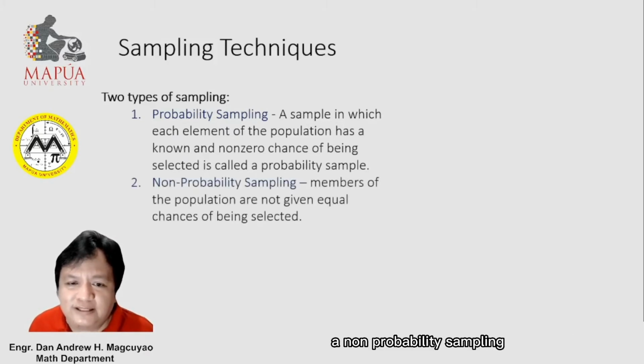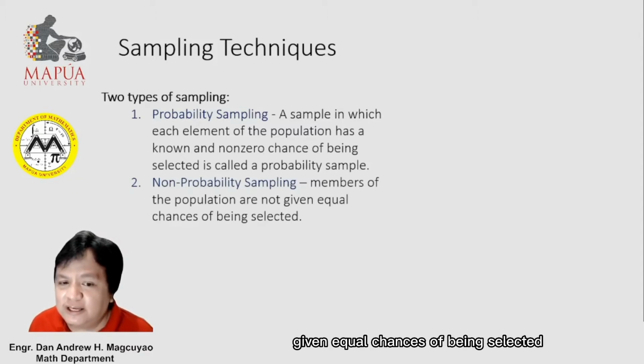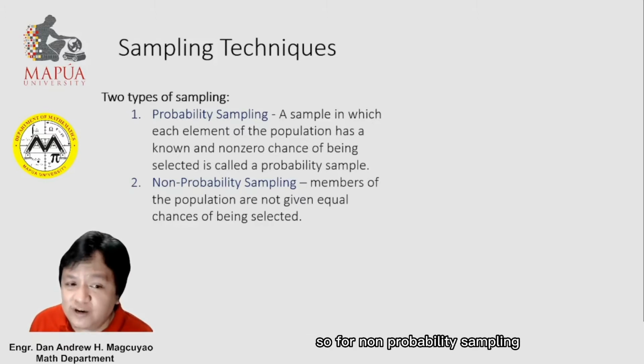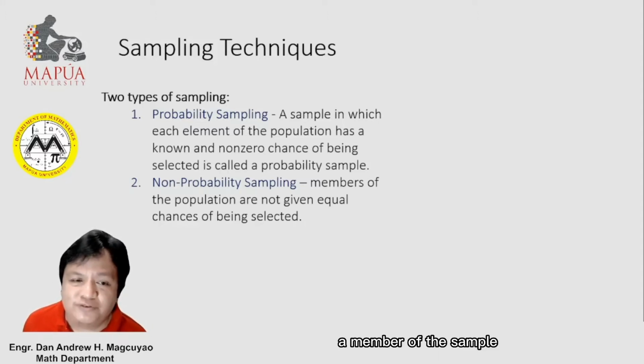In non-probability sampling, members of the population are not given equal chances of being selected. So for non-probability sampling, deliberately we remove some parts of the population from being a member of the sample.